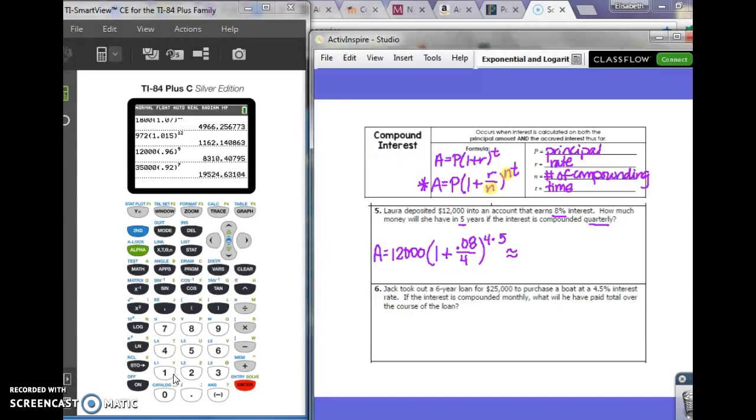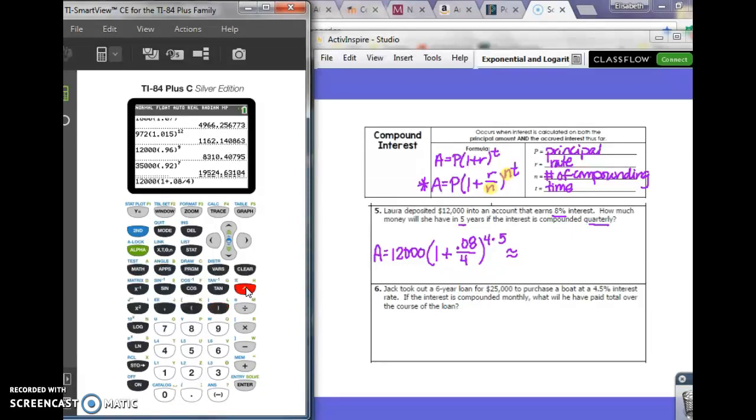So when you go to your calculator, you're just being careful to enter everything in correctly: 12,000, and then in parentheses, 1 plus 0.08 divided by 4. Now your calculator knows its order of operations, so you don't need to put an additional set of parentheses there because it'll automatically divide before it adds.